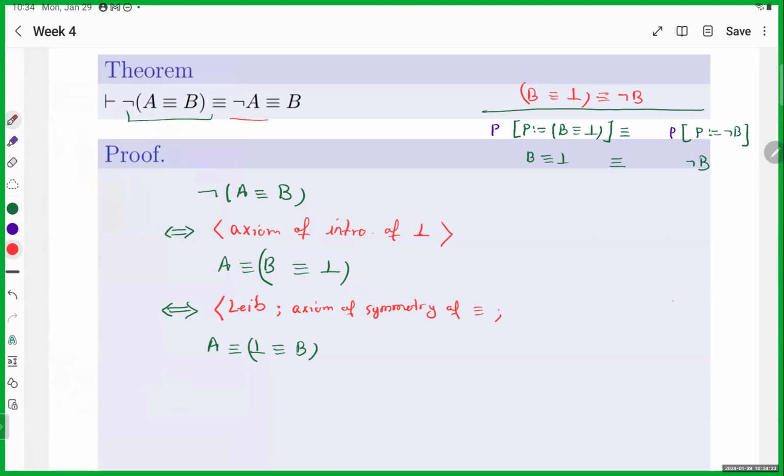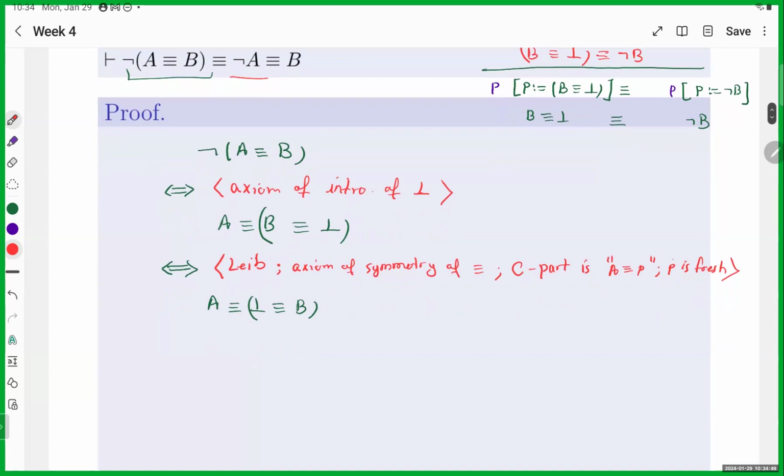What was the C part of the formula? This is the one that I want to replace. Call it P. The C part is A is equivalent to P. And I say P is fresh. And that's complete.